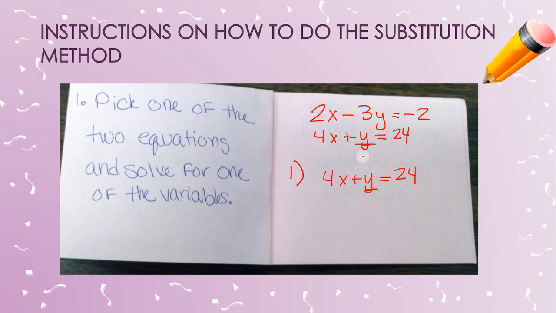To do that, we're going to subtract 4x, getting y alone here. Cancel that out. We're going to get y equals negative 4x plus 24. That is exactly what I need for step 1. I just need to solve for a variable.